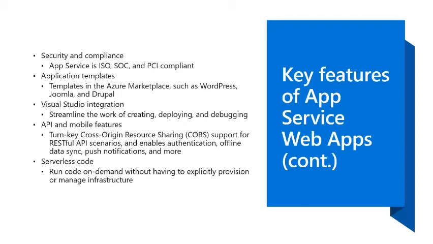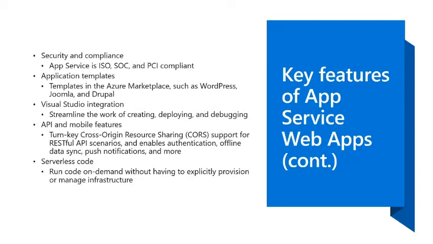Next, continuing on the same. Other features: security and compliance. App service is ISO, SOC, and PCI compliant, and can authenticate users with Azure Active Directory or with social login: Google, Facebook, Twitter, Microsoft.